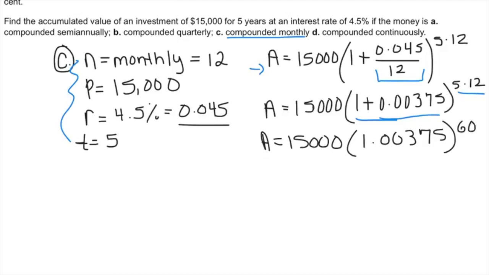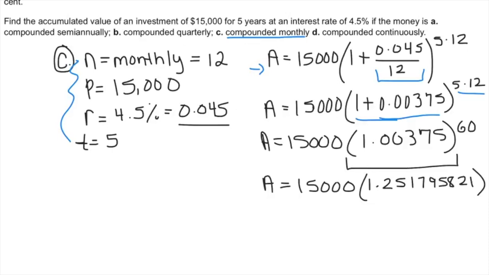And then my next step is to raise 1.00375 to the 60th power. When I do that, I get A equals 15,000 times 1.251795821. Lastly, we'll just multiply those two values together, and we get 18,776.93731.